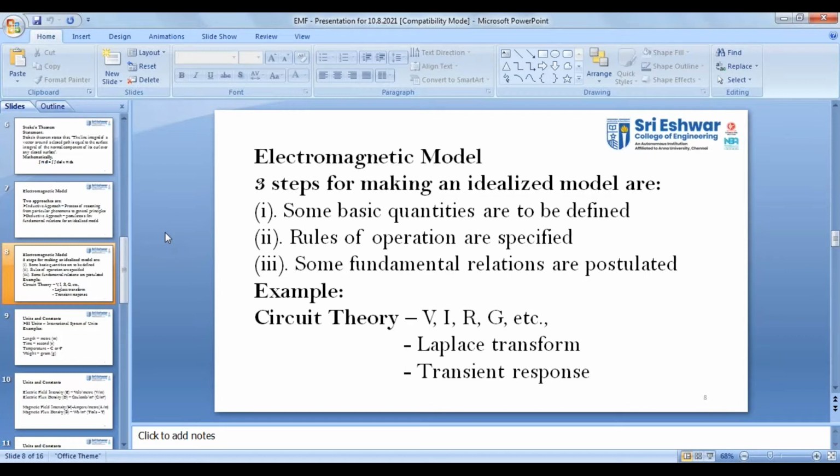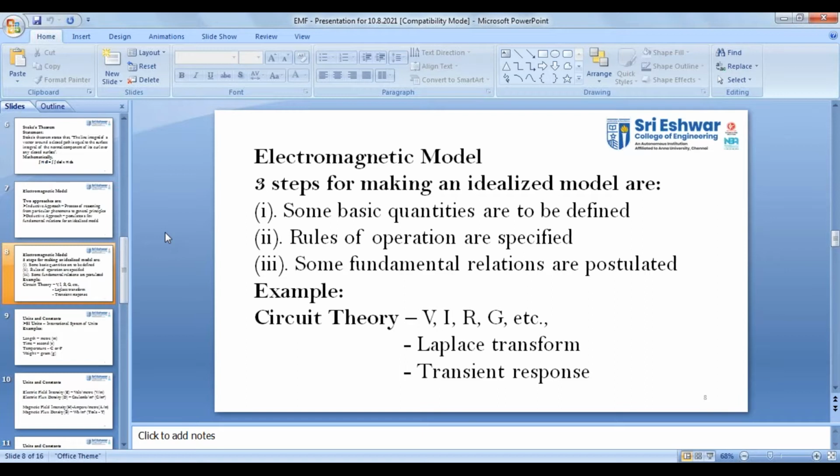I hope you remember that the time constant of the RL circuit, tau, is given by L/R. This is just an example of how to make an idealized model. So this is about the electromagnetic model.